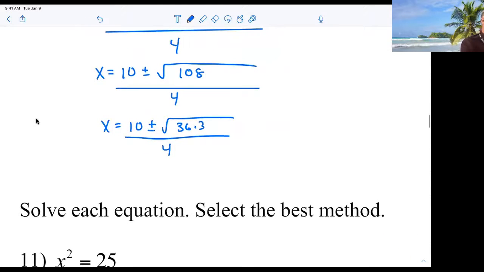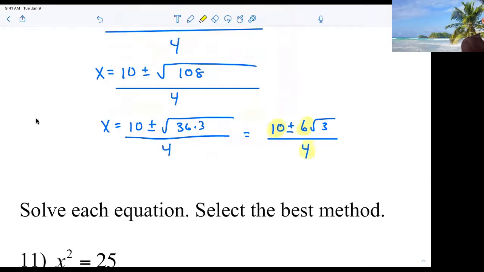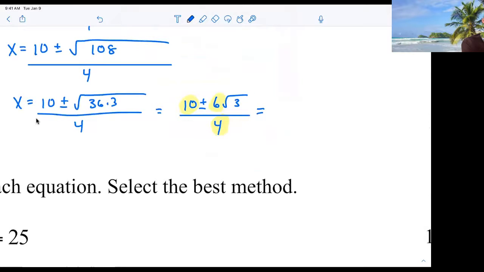So what's the square root of 36? So this could be 10 plus or minus 6 radical 3 all over what? 4. Highlight the 3 numbers. Can I reduce? What am I dividing by? 2. So what do I have? Wow. All right, I told you guys, that's not that hard.